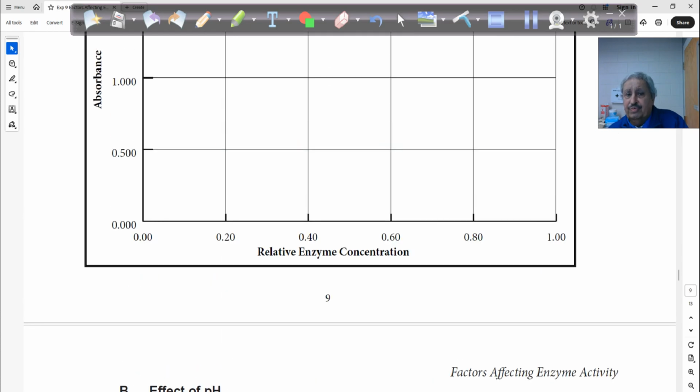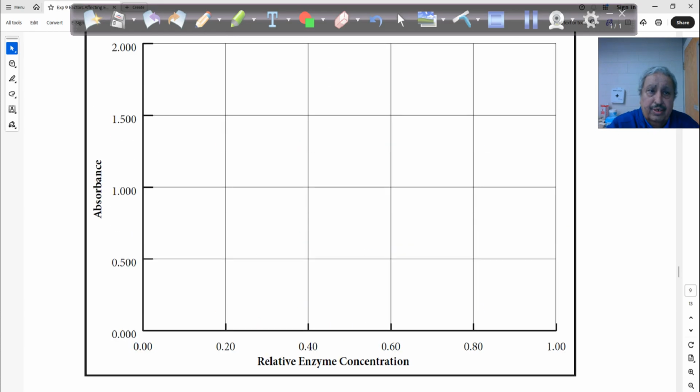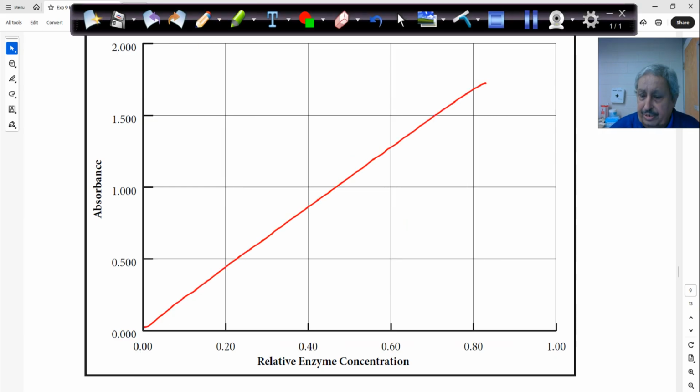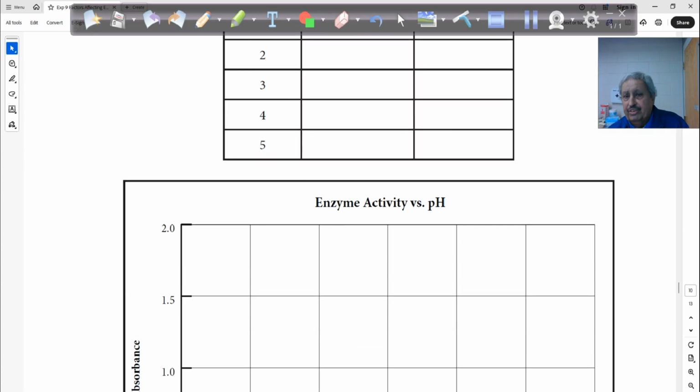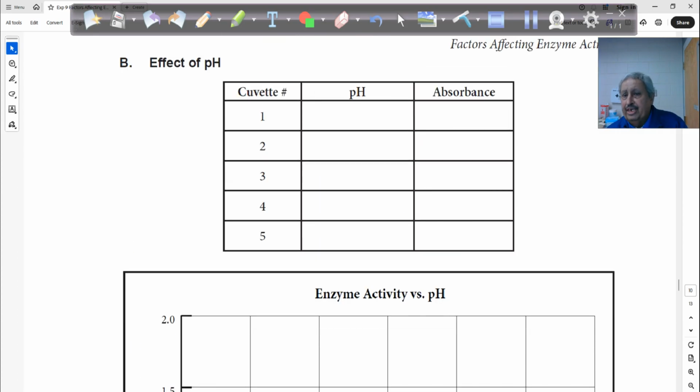So the first curve, we are expecting it to be linear, correct? The second one, we are expecting it to show an optimum, the pH after measuring the pH and the absorbance. You know the pH of the solution from the data you have.